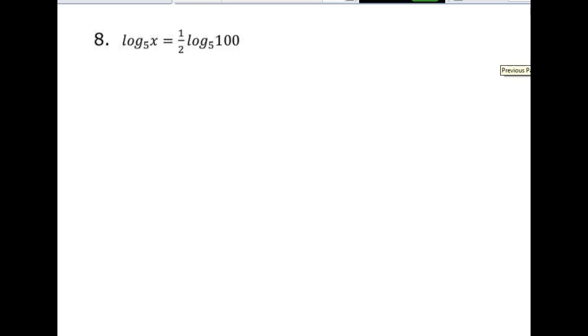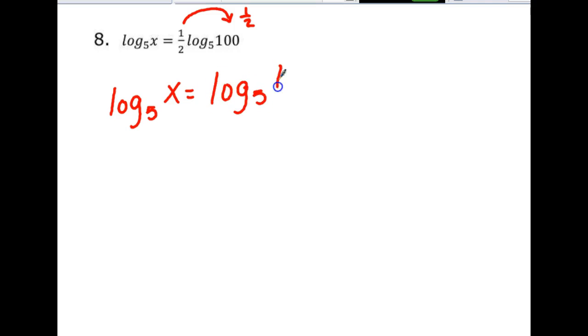What do you do, though, if there's a number out in front of the log? So this would be log 5x equals log base 100 to the 1/2 power. Same log on both sides, same base on both sides.